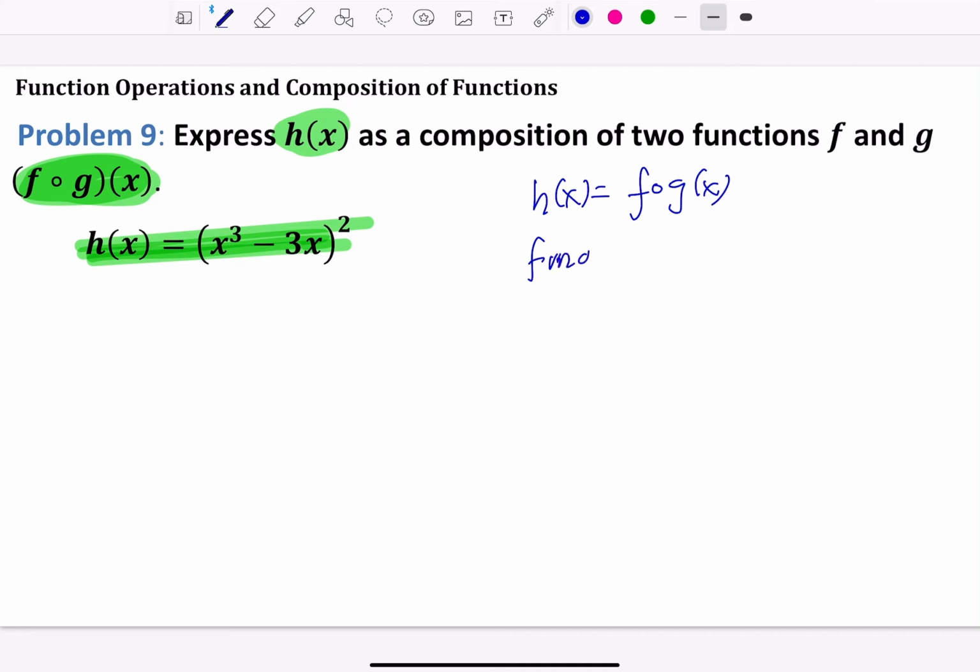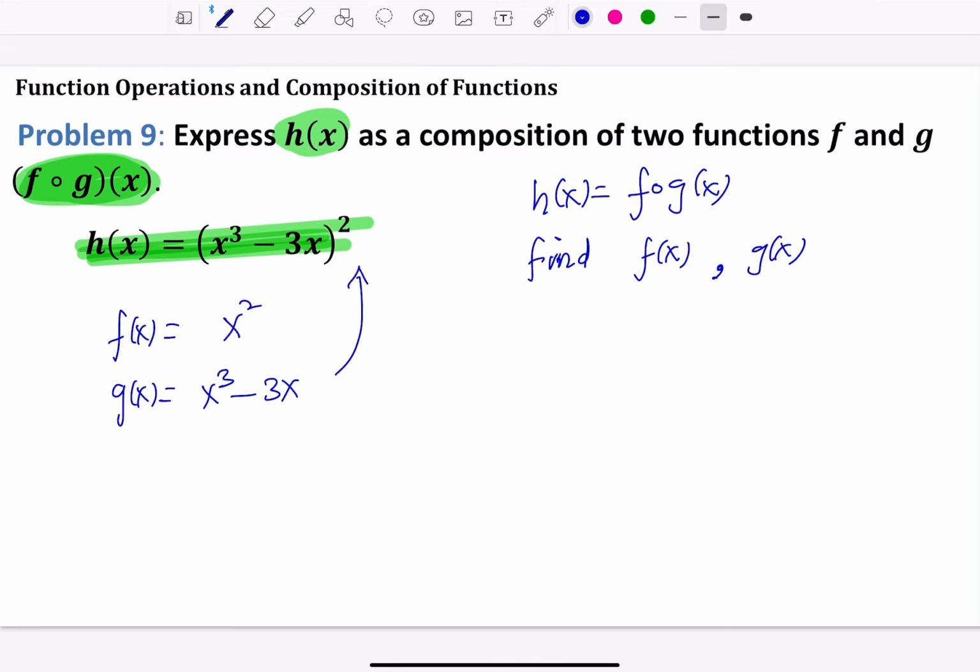We are going to be finding f of x and g of x. Again, there can be more than one possible answer, but sometimes one answer is easier than the other. Here, I think if f of x was x squared and g of x is x cubed minus 3x, if we compose these two functions, we would get this function.